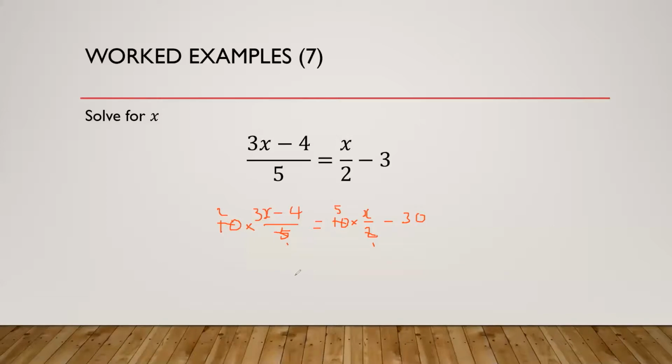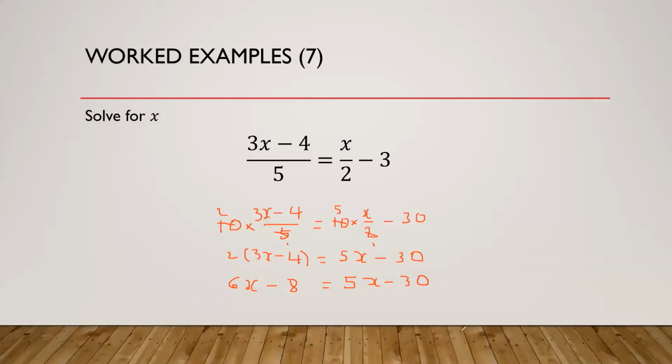So now I end up with 2 times 3x minus 4 is equal to 5x minus 30. Then I can expand the brackets here. 2 times 3x minus 4 is 6x minus 8, and then equals 5x minus 30.